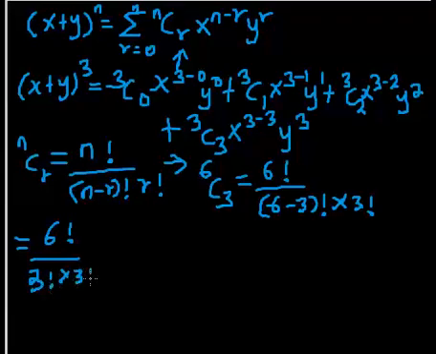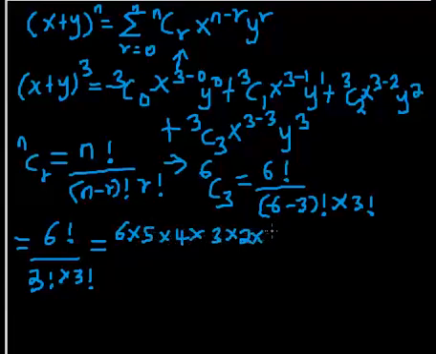So now what is factorial? Factorial is successive multiplication of numbers in decreasing order until it gets to 1. Let me tell you, 6 factorial is simply 6 times 5 times 4 times 3 times 2 times 1, to the end.